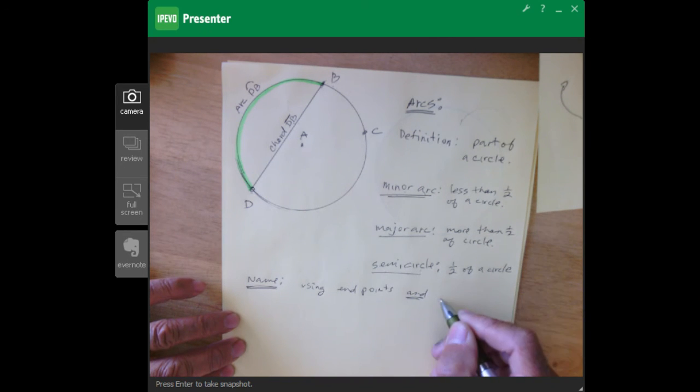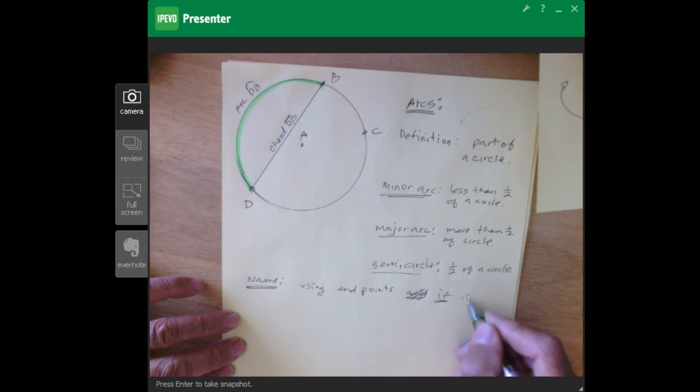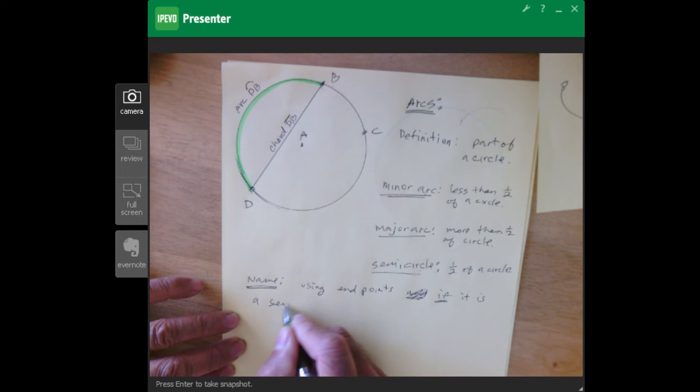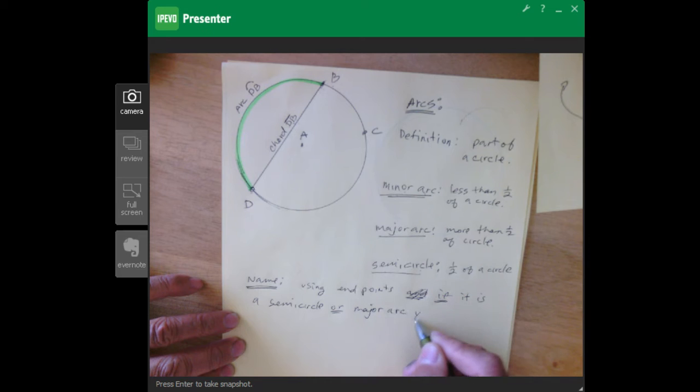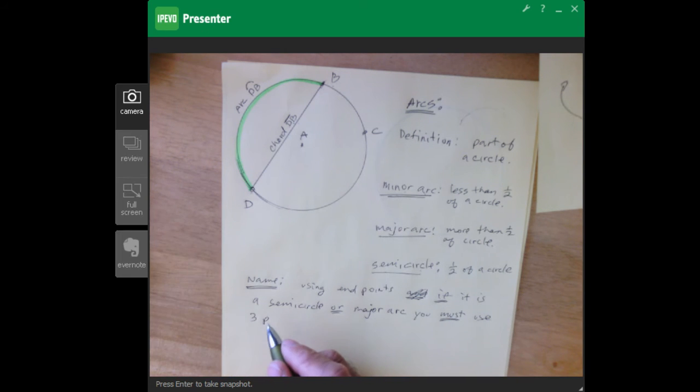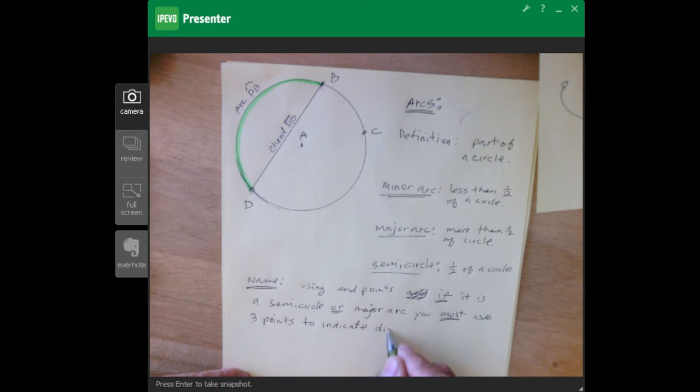If it is a semicircle or a major arc, you must use 3 points to indicate direction. Okay, so let me show you what I mean.